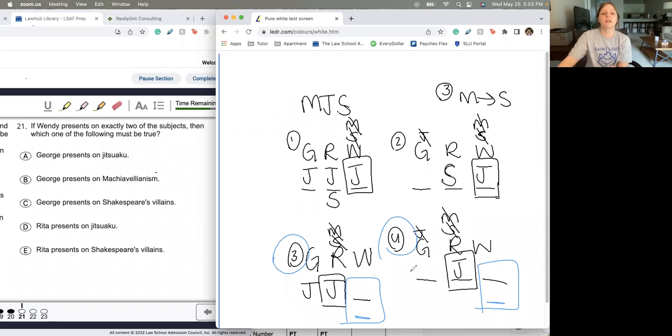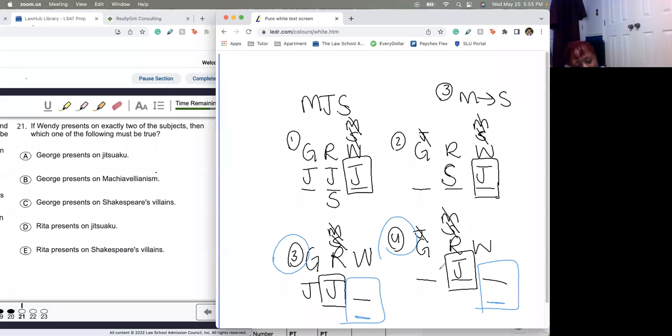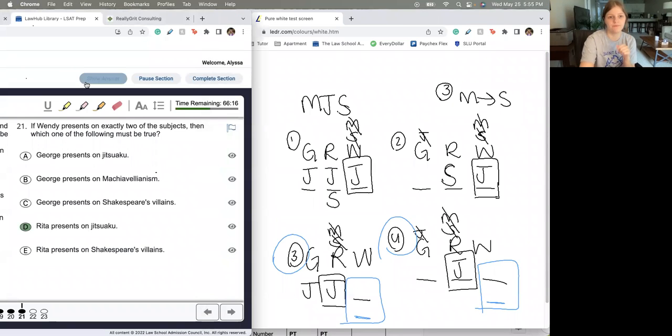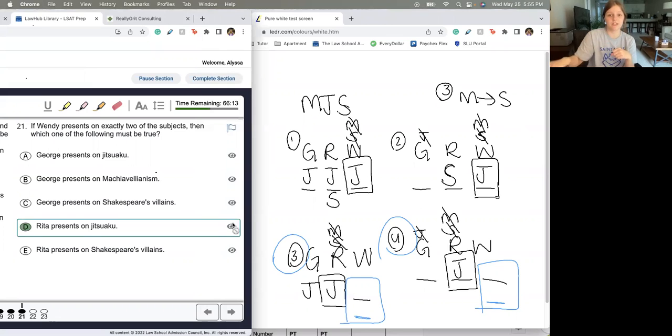I can look at these 2 diagrams and see what has to be consistent, because if it has to be true, it's going to happen in both diagrams all the time. What is happening in both of our diagrams all the time? R on J. R with J. Yeah. That becomes my answer choice. That happens every single time in both of those diagrams.